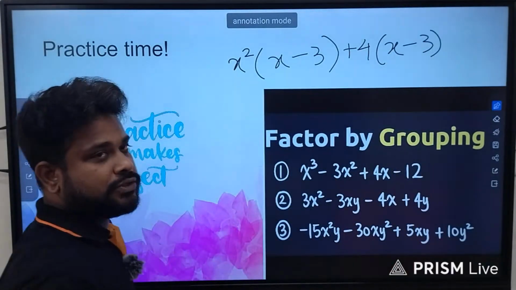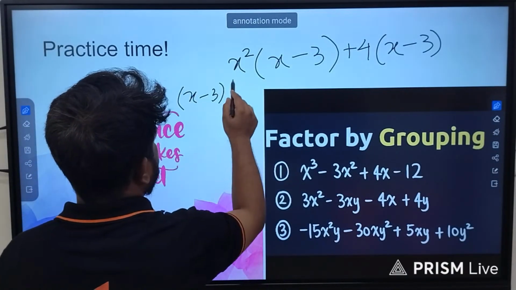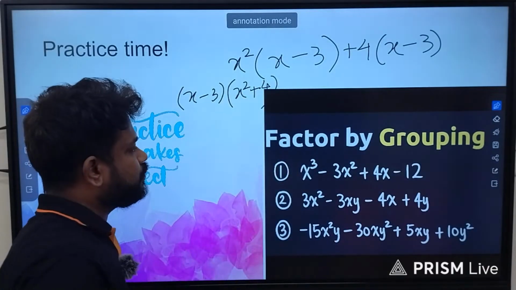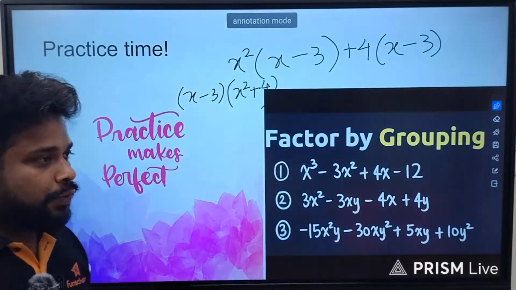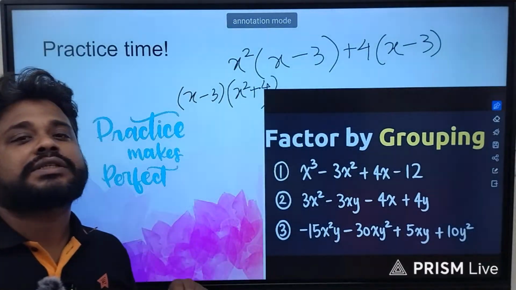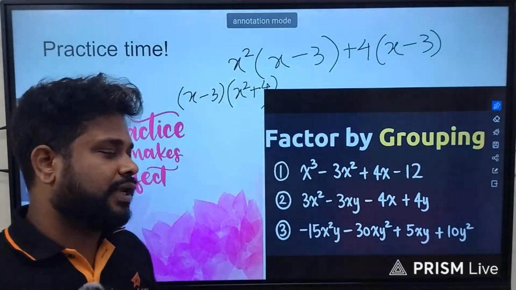So x minus 3 is common between these two, and we will again take x minus 3 as common and we will get x square plus 4. So it's done. It's only factor by grouping, and we will discuss the middle term factorization in some next slides.